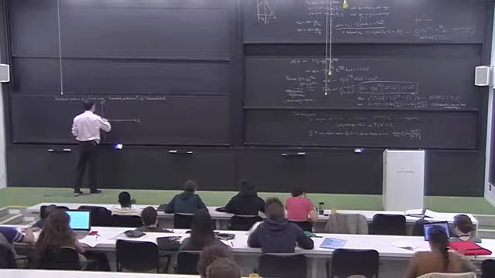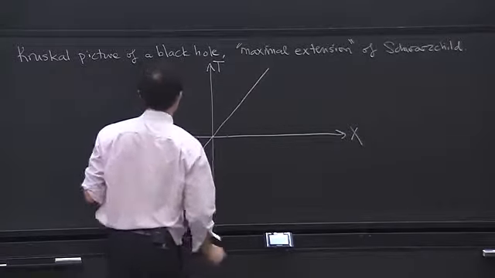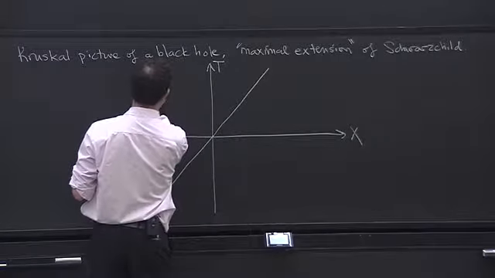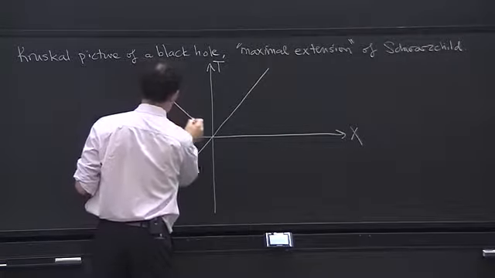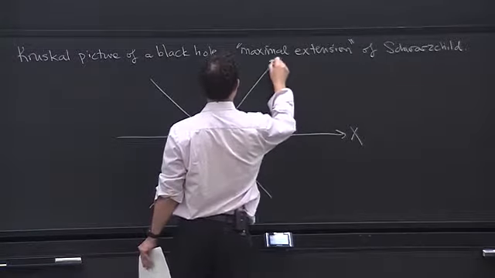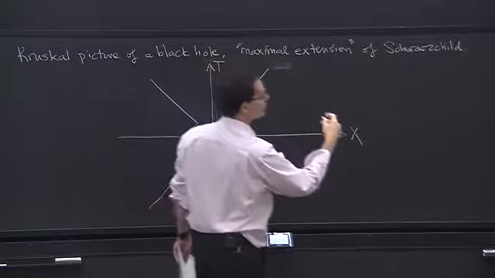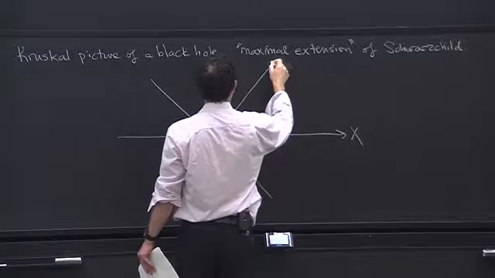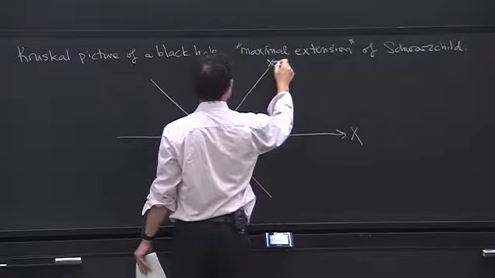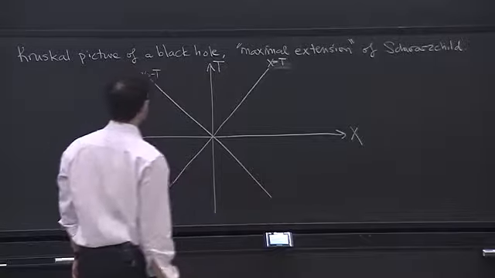So we can draw those right away. Let's draw the light rays through x and t equals 0. So this line is obviously t equals x, and this one, x equals minus t, or t equals minus x.